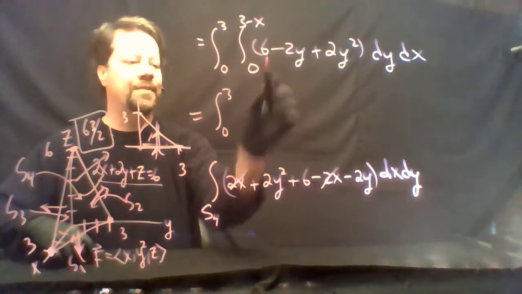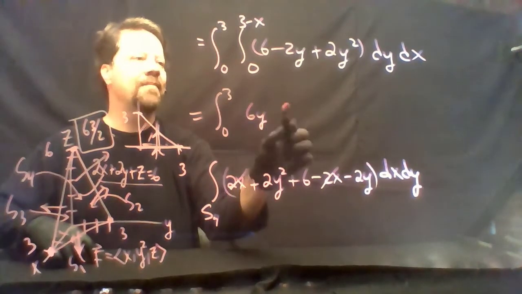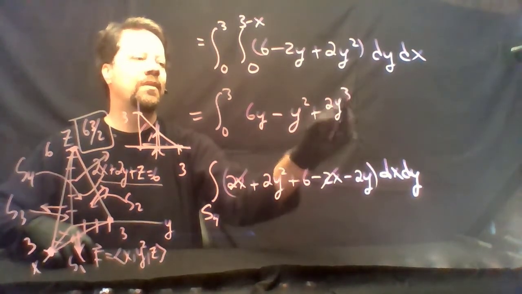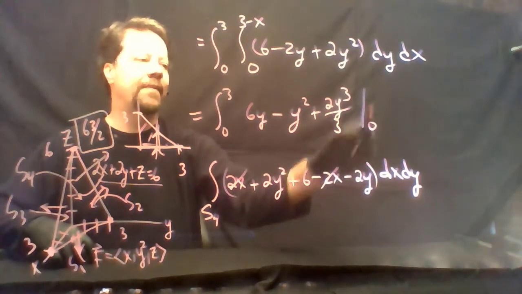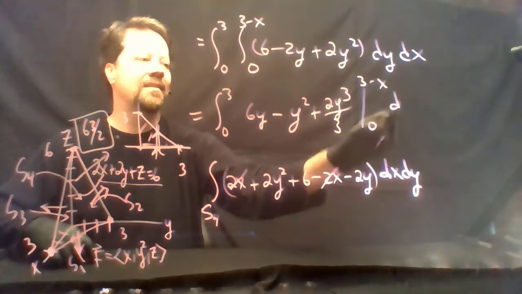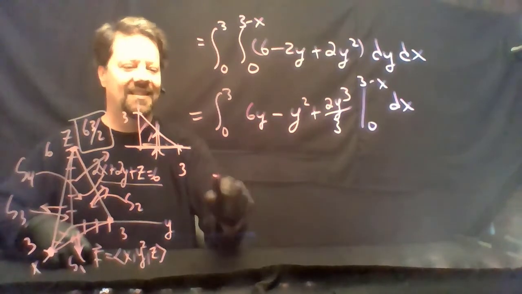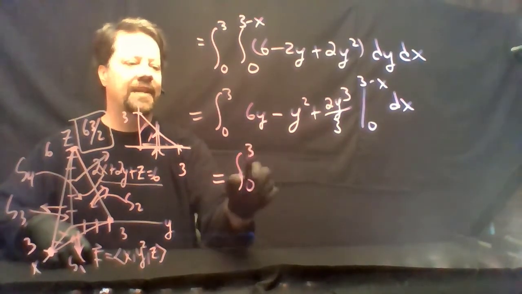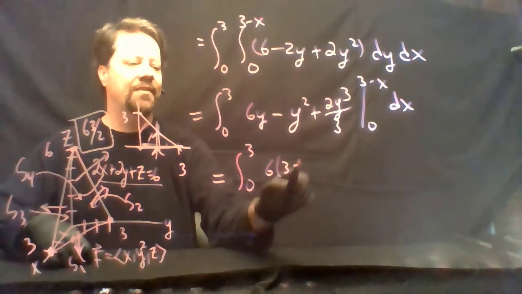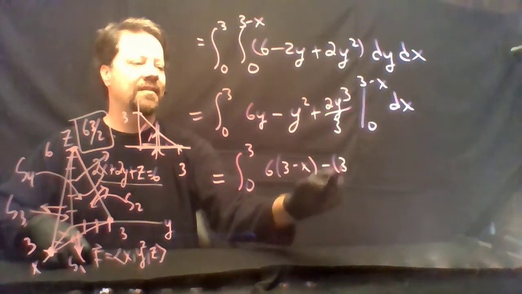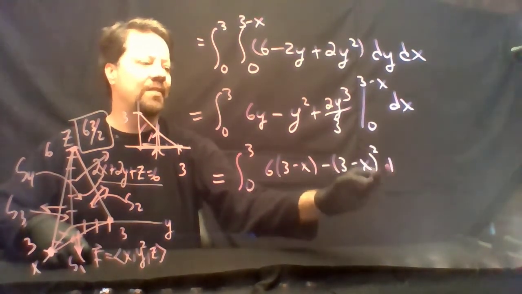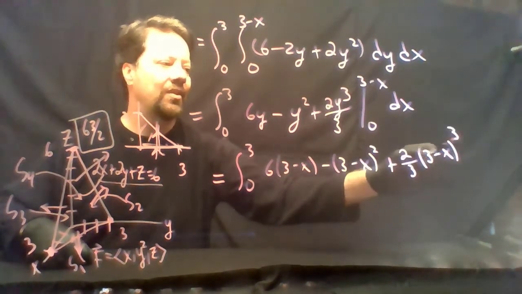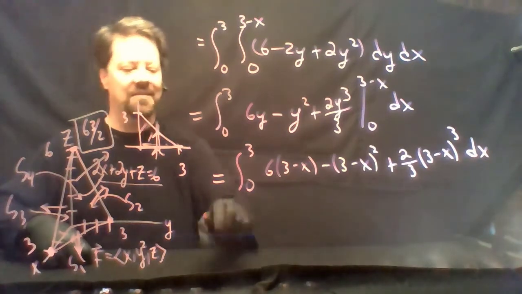That's the integral from 0 to 3 of 6y minus y squared plus 2y cubed over 3, evaluated from 0 to 3 minus x. We have then the integral from 0 to 3 of 6 times (3 minus x) minus (3 minus x) squared plus 2/3 (3 minus x) cubed dx.